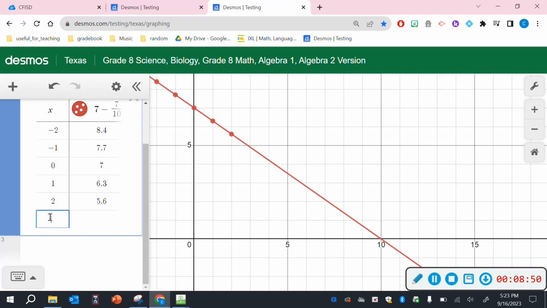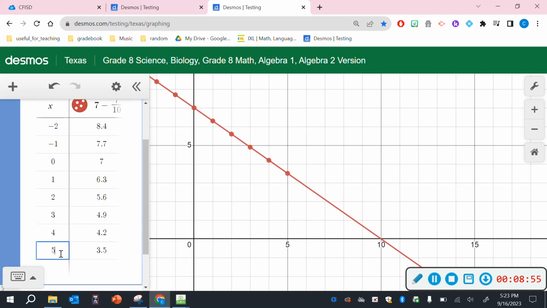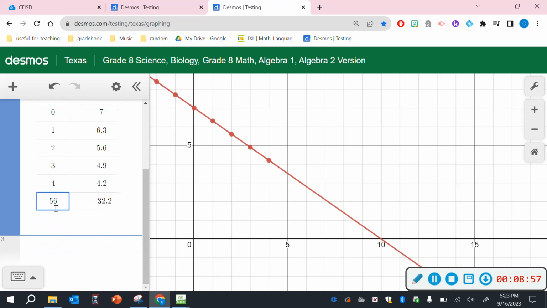What about 3, 4, 5, 6, 7, 8, 9, 10? Okay, there we go, 10. So I can also buy 10 shirts, but 0 pairs of pants, and that'll give me $70 as well.